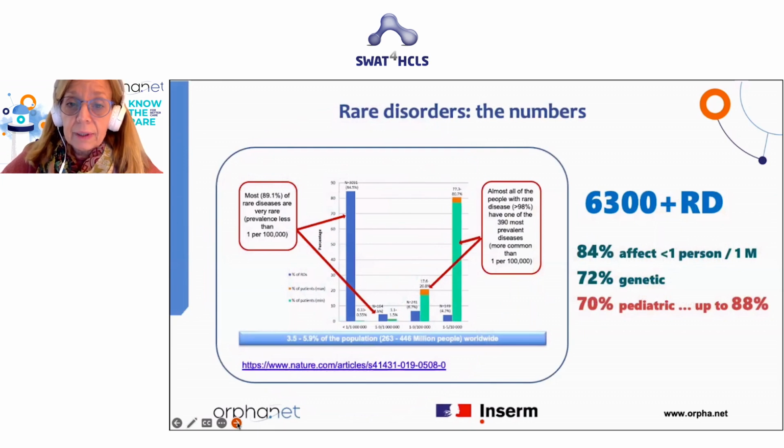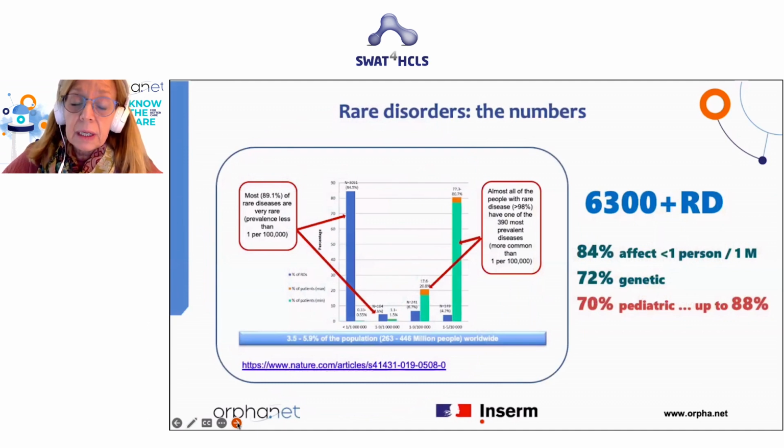That is the direct impact of rarity, because we have patients scattered across the globe, and we need to find them, and we need to put the data together, achieve the critical mass of data so that we can start understanding the impact in their daily life, the use of healthcare services, how we can look for treatments for them.